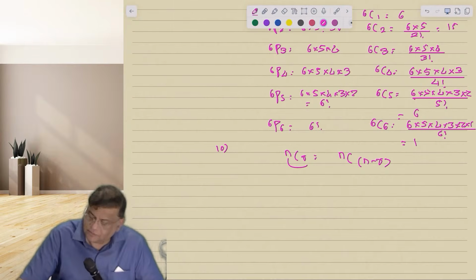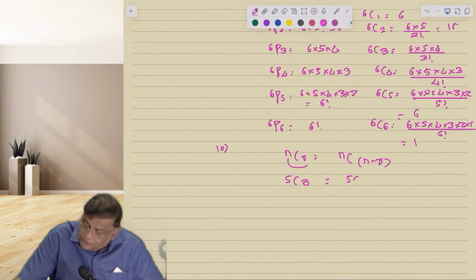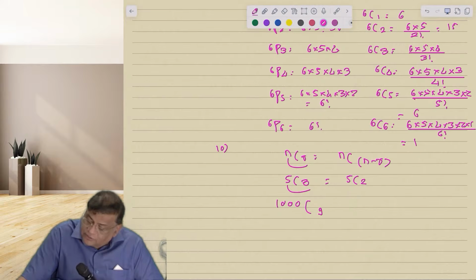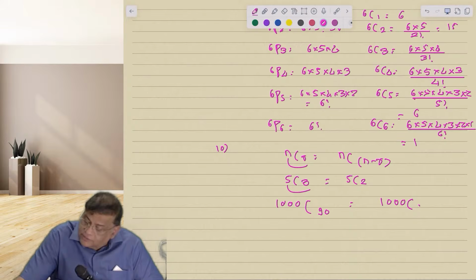What does it mean? What it means is that 5C3 is same as 5C2, the difference between these. 1000C99, or for that matter 1000C90 is same as 1000C910, na? The difference between these.